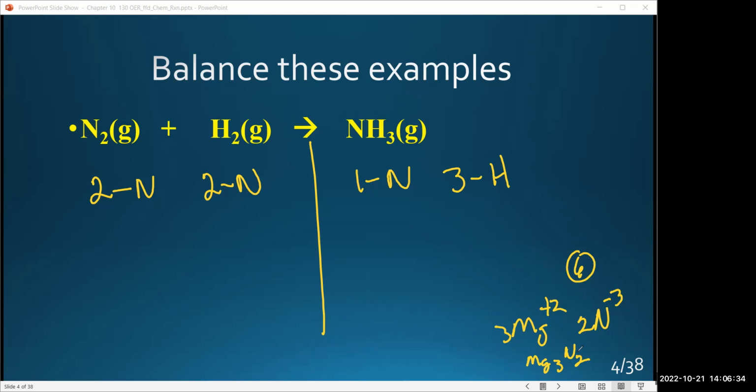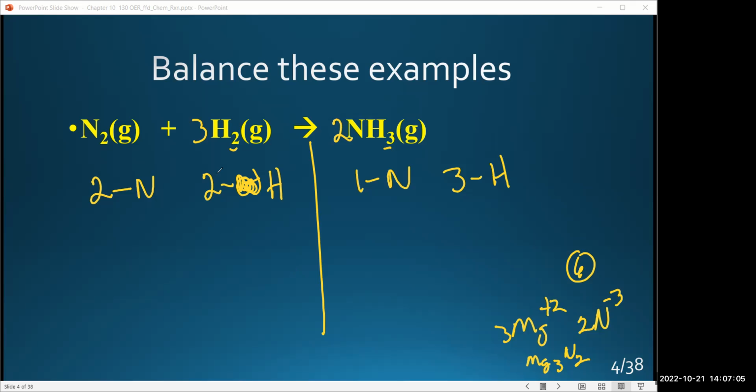So very similar and very analogous here too, because when I just look at the hydrogens, I got 2 on the left, 3 on the right. So what if I look for a common number, right? Which is 6 again. So that means that I would need 3 hydrogens on the left side, and then 2 on the right side.